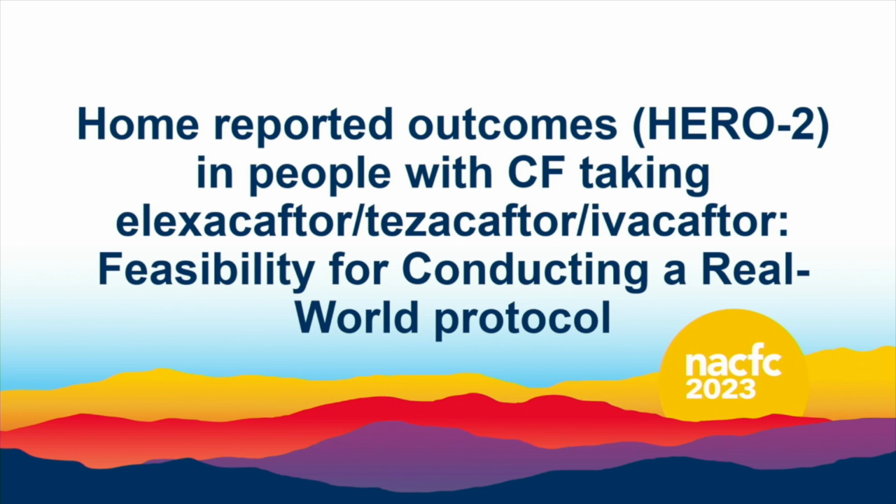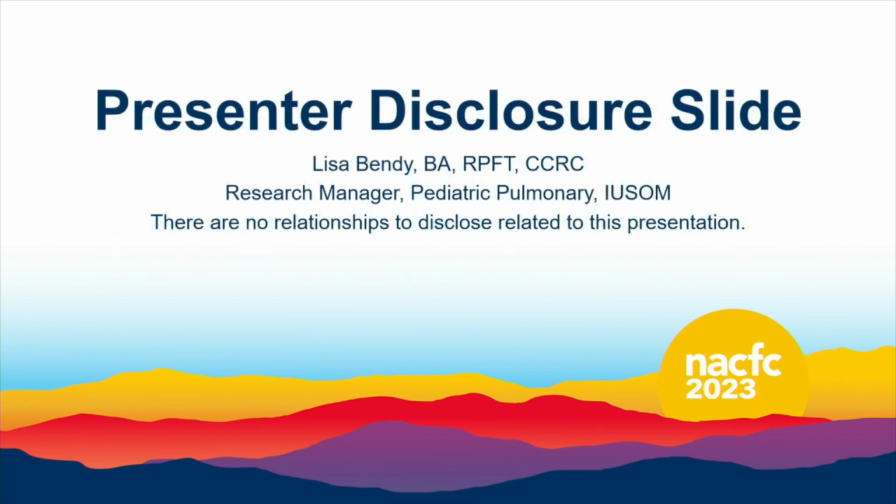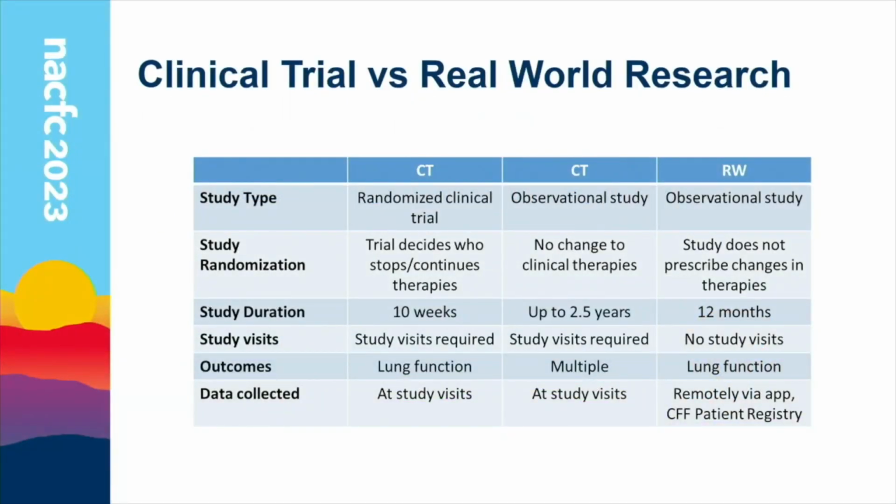So today I'm going to talk a little bit about the feasibility of conducting our real-world protocol, the Hero 2 study. I have no relationships to disclose. So thinking about traditional clinical trial versus real-world research, we think about the study type, randomization, duration, visits, outcomes, and data collected and how that is done.